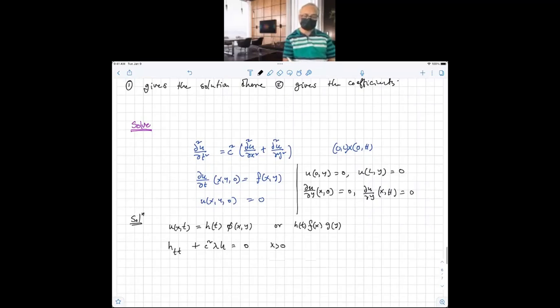Okay, from this quantity, which is u(x, y, 0), that will be h of 0 phi x y equals 0, implies h of 0 equals 0.